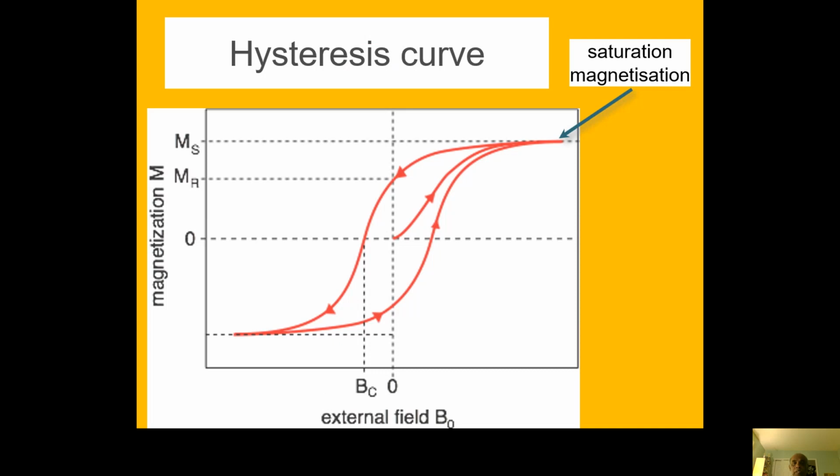Then we talked about hysteresis. Typically you have this relationship, right? If you have a paramagnetic situation, your mu 0 m equals chi m b0, right? Because m is given by b0, the external field times this one.